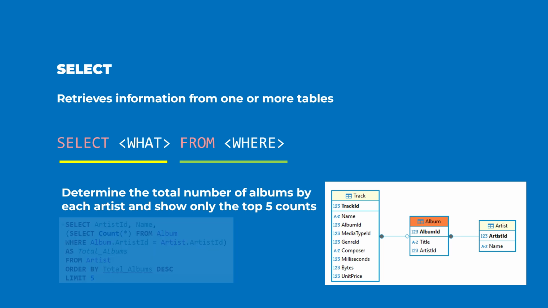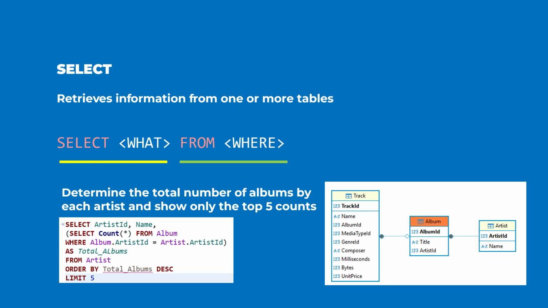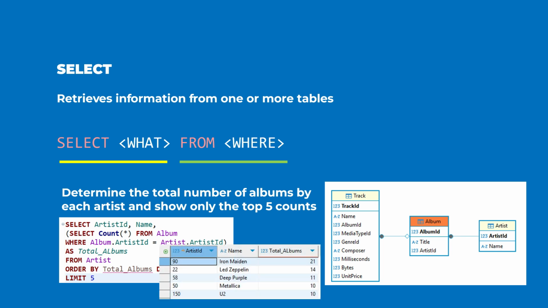We start with select artist ID, name from the artist table, and then get the calculated field, which is the number of albums, using the album table and a where clause. Then we sort in descending order and choose the first 5 results, same as before. And we can confirm that we got the same results as before with the grouping method.